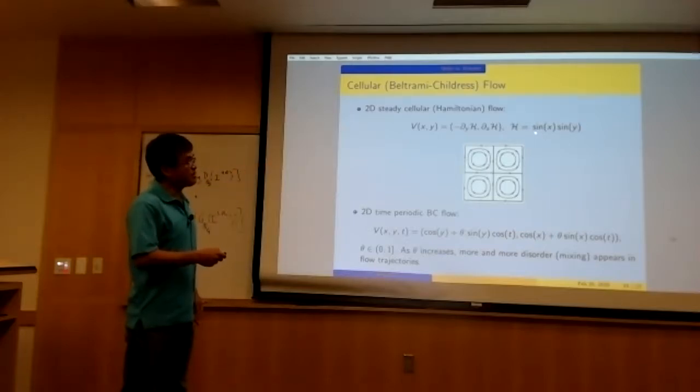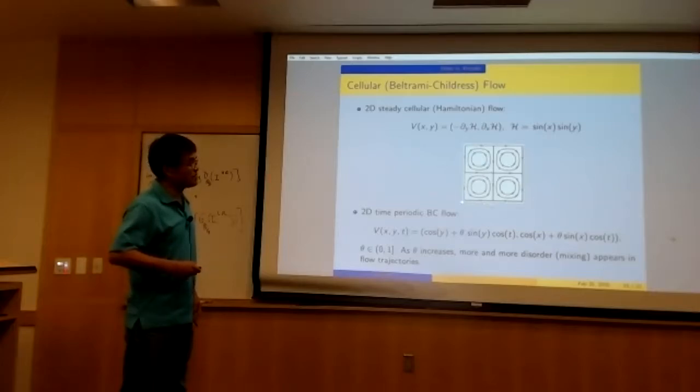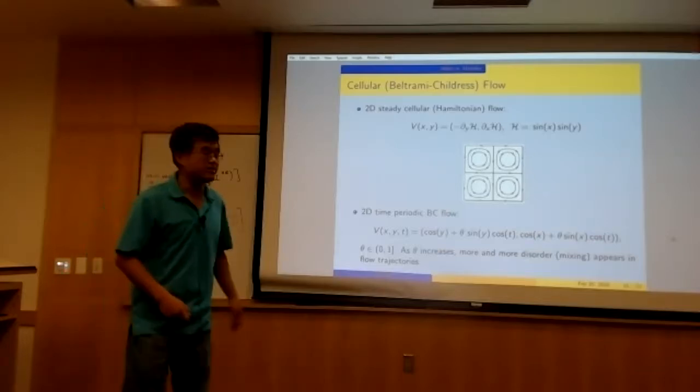So if you take the Hamiltonian sin x times sin y, you generate a velocity from the Hamiltonian this way. You could check that the flow is very regular. So here's 0 to 2 pi, 0 to 2 pi, and there are 4 quarter cells in the big cell. And in each quarter cell, there is a spinning vortex going like this, and this is the other direction, and so on. So it's very regular.